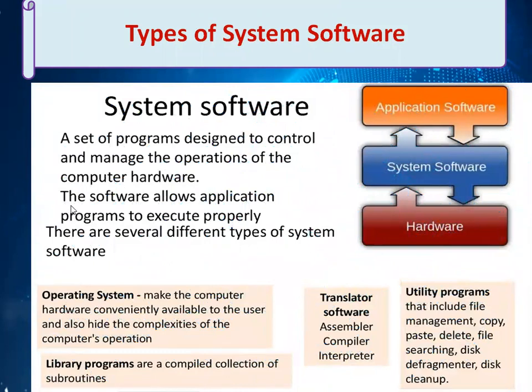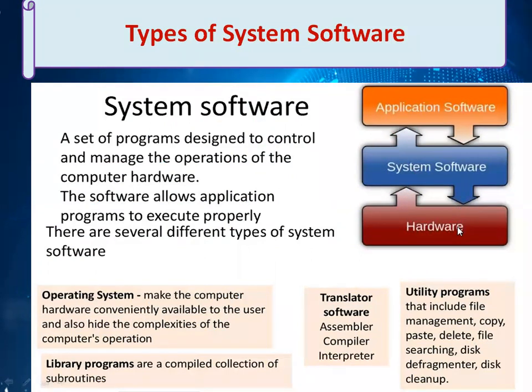System software is a set of programs designed to control and manage the operation of the computer hardware. The software allows application programs to execute properly. There are several different types of system software. This is a block diagram of the software and hardware relationship.